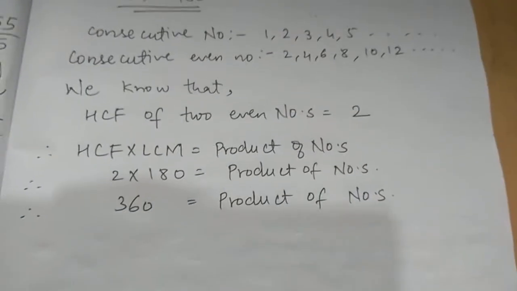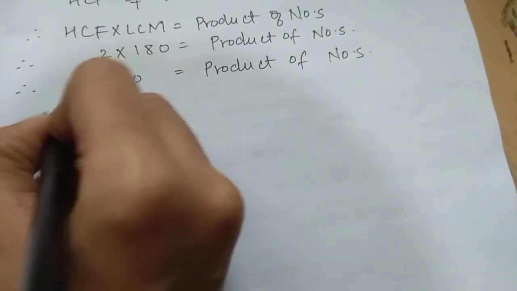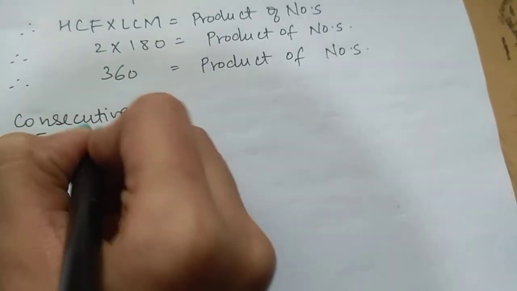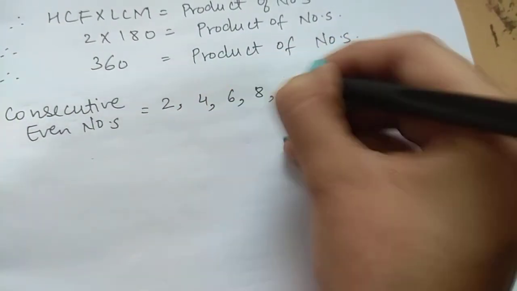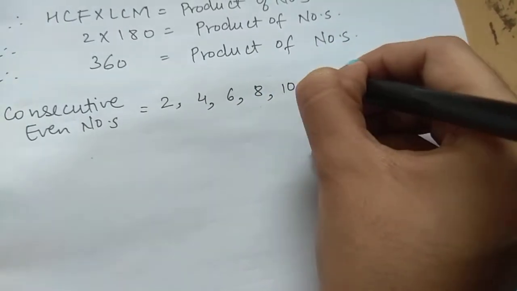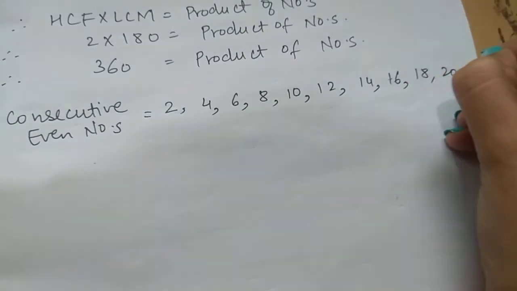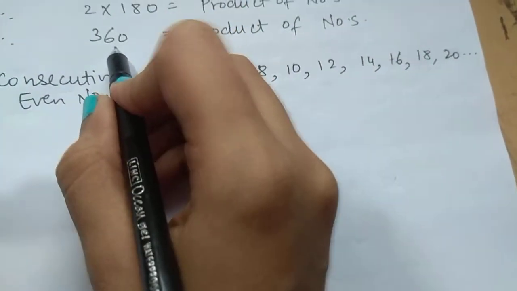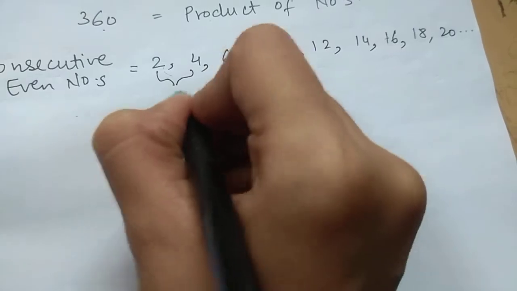Now let us check that. I'll write it here again. So 2, 4, 6, 8, 10, 12, 14, 16, 18, 20 and so on. Now when product of numbers should be 360. So when we take 2 and 4, so 2 4s are 8.